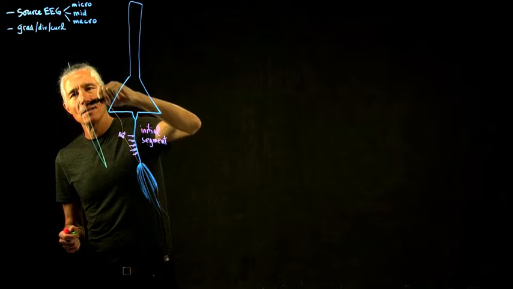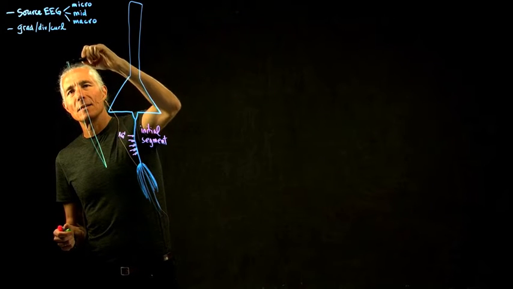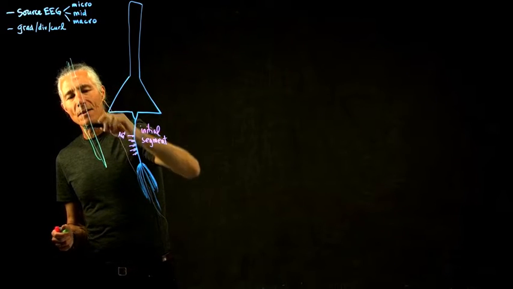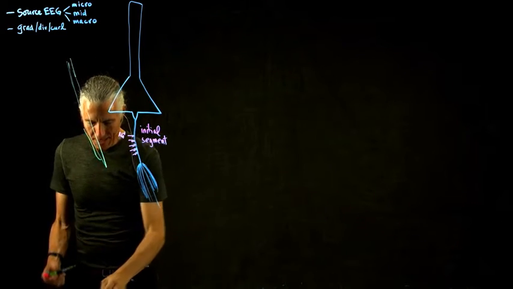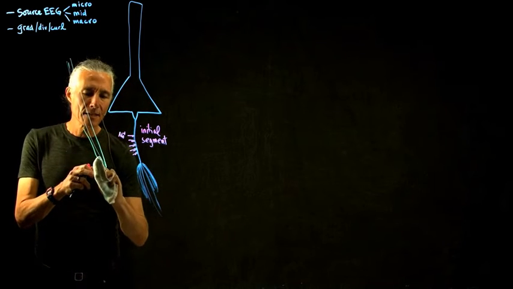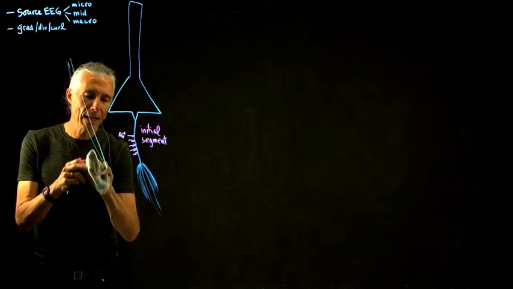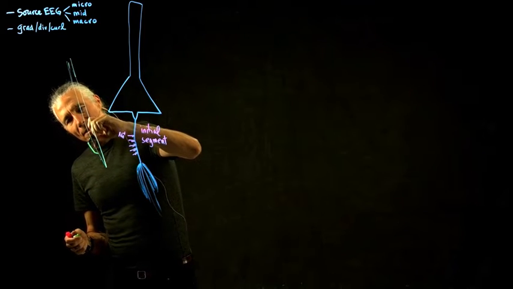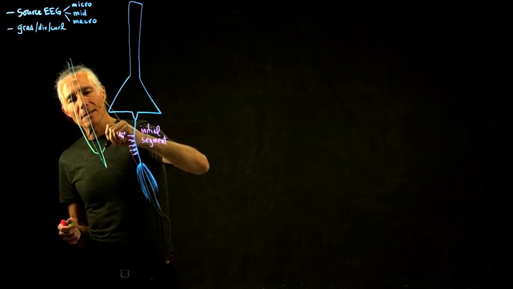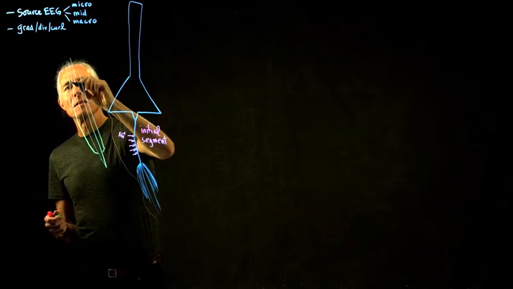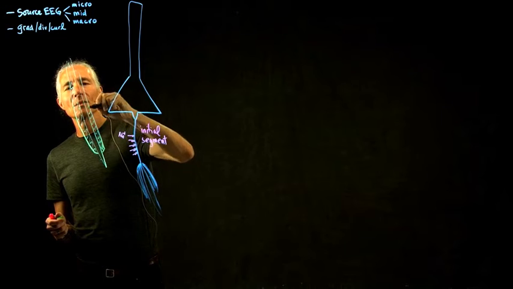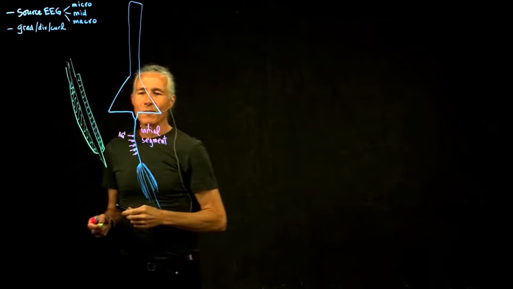Here's the conducting part of the microelectrode, and it usually has an insulator on it, like glass, for instance. But the glass isn't present at the tip. So this is the insulator, and just the tip is exposed.